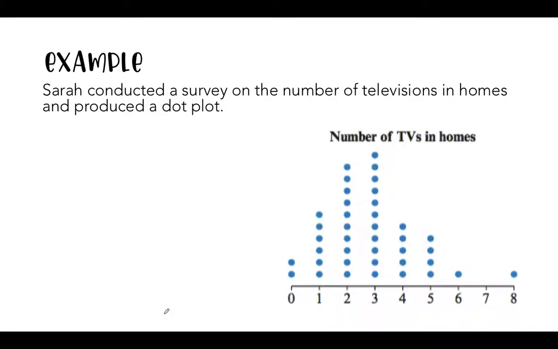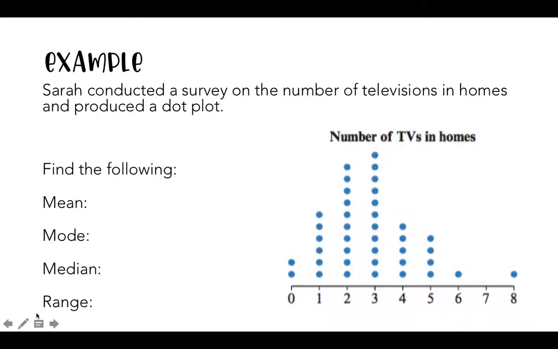So now we're going to do an example where we find all the data. We're going to find the mean, mode, median and range of this set of data. We use a pen because it makes it easy. First we're going to find the mean of the number of televisions in a home. Here, 2 people have 0 televisions, so far we've got 0 televisions.